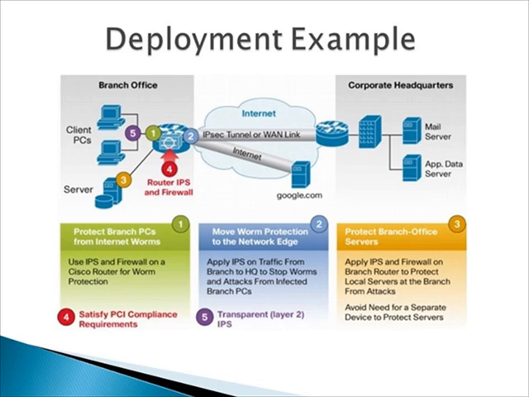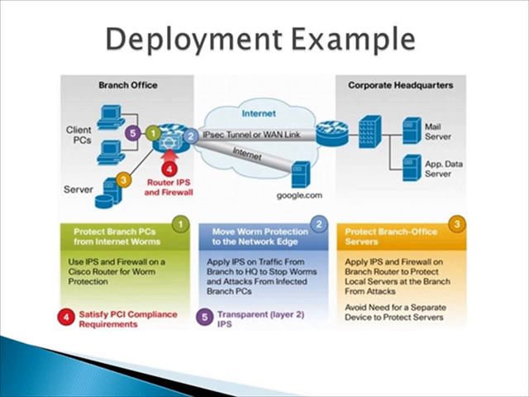So here's just a quick little diagram of where you might deploy this. It's going to be deployed on the branch office router, not over here at the corporate headquarters. Probably you're going to have a purpose-built IPS appliance box somewhere back here. But out here at the branch office, this is typically where this is going to be deployed.